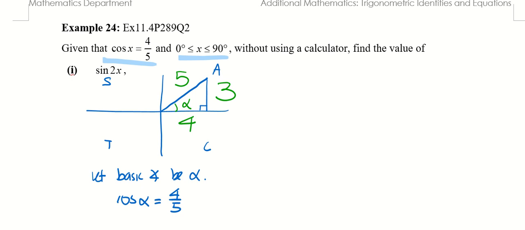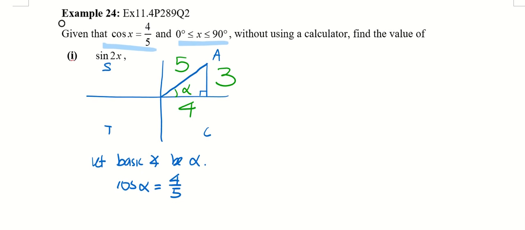Why? Pythagoras triplet. By now, you should be very familiar with it. So if cosine alpha equals 4/5, I can write down the other two trigo expressions: sine alpha is equals to 3/5 and tangent alpha equals to 3/4.